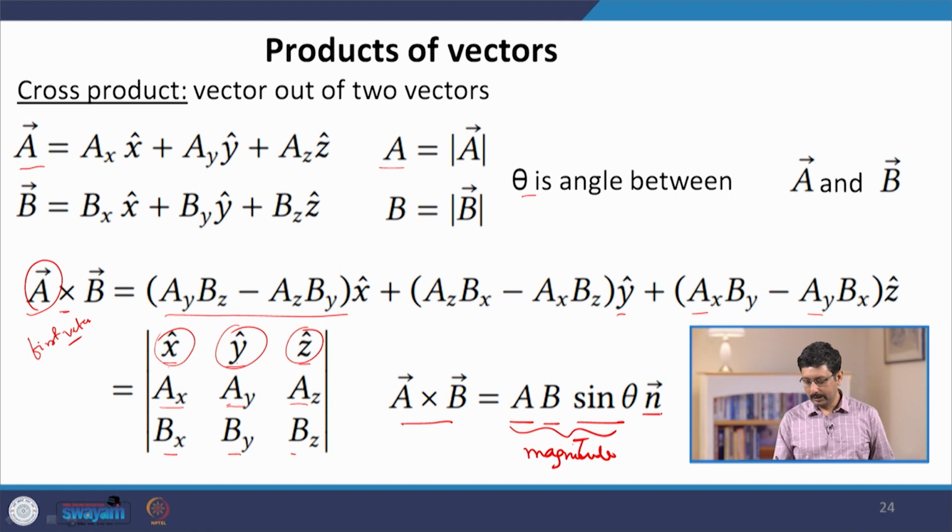Then there is a unit vector n which represents the direction of A cross B. What is n? n means normal, which means perpendicular. So, n is a direction which is perpendicular to both A and B.